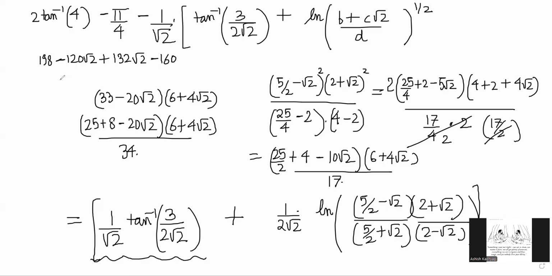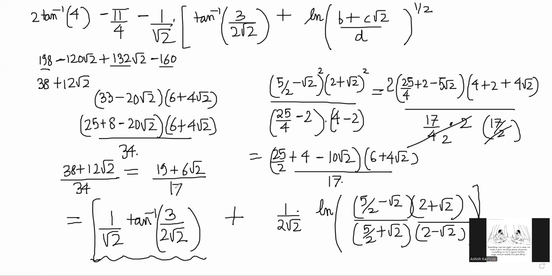So I'm getting 198 minus 160, 38, and a plus 12 root 2 on top. So I'm getting 38 plus 12 root 2 on top divided by 34. Obviously, I can simplify this by dividing by 2. So it will become 19 plus 6 root 2 divided by 17, right? So this is my final expression here after summing up these things.